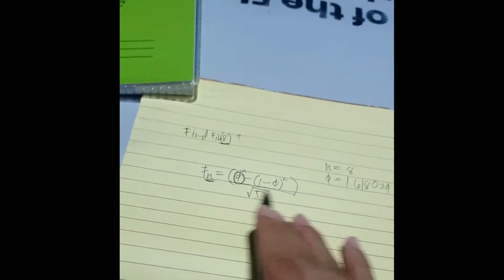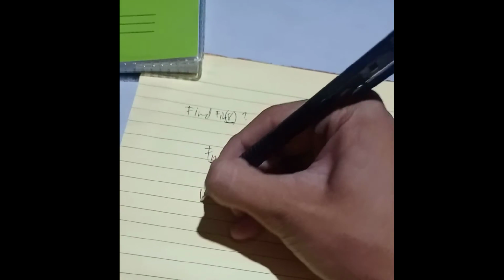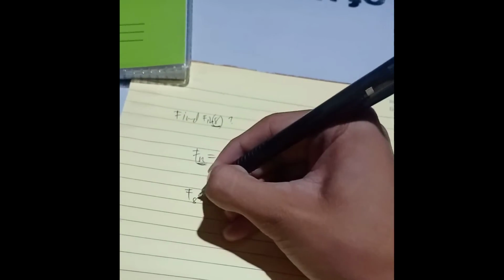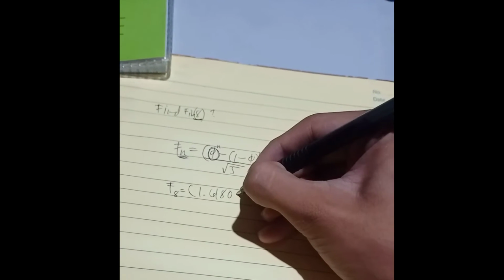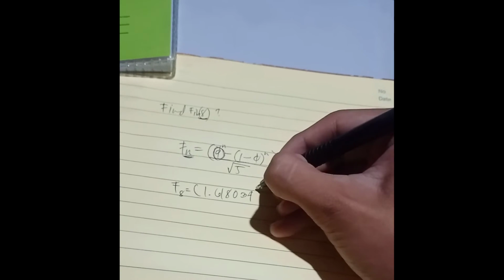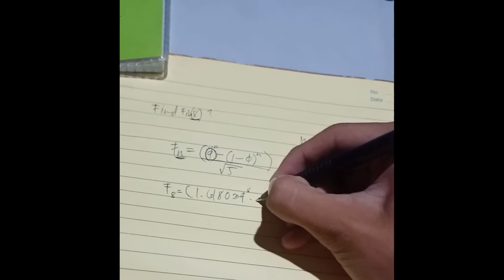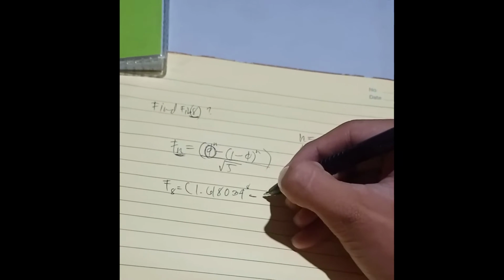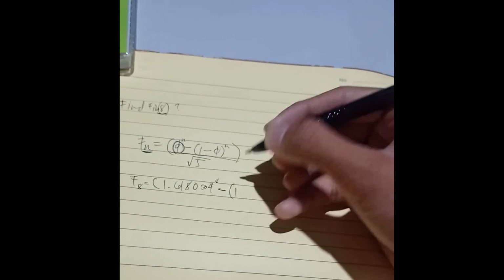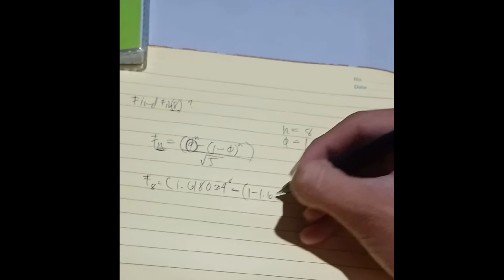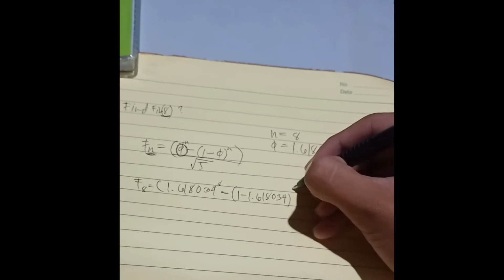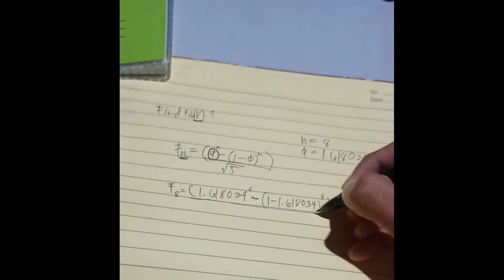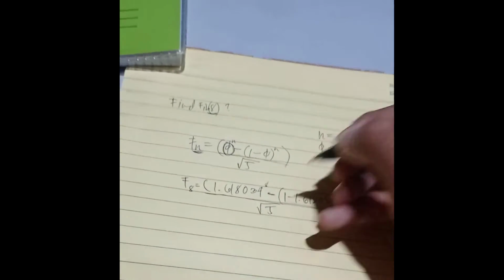Now you can get this by simplifying it: (1.618034 to the 8 minus, don't forget the subtraction sign, (1 minus 1.618034) to the 8) over the square root of 5.